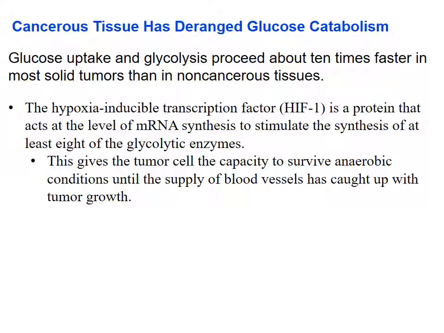All in all, this gives the tumor cells the ability to survive anaerobic conditions long enough for blood vessels to infiltrate into the growing tumor. Now, interestingly, hypoxia and acidosis are also triggers for blood vessels to start growing towards the localized area of hypoxia.